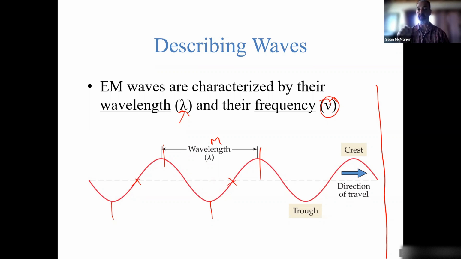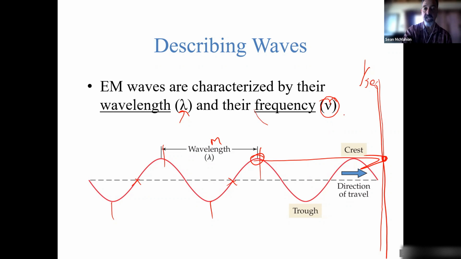So what do I mean by per second? If I pick a point in space, how many of these peaks are going to pass that point in 1 second? Right? So you have your wavelength, and it's traveling at the speed of light. So no matter what, you're going to have a certain number of peaks pass a point in a second. And that number of peaks per second is what we call frequency.